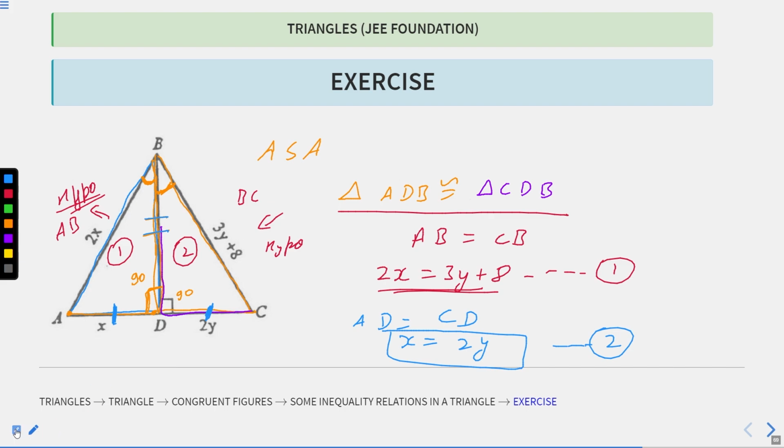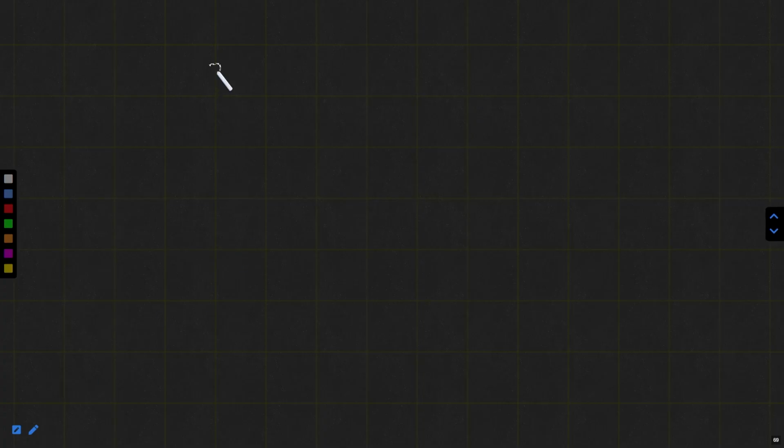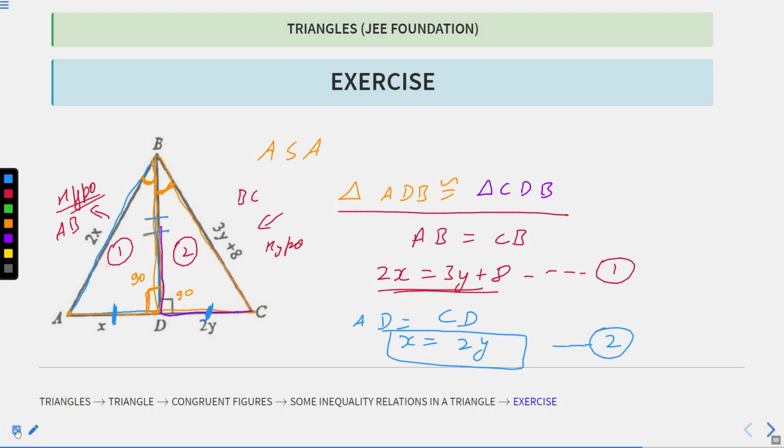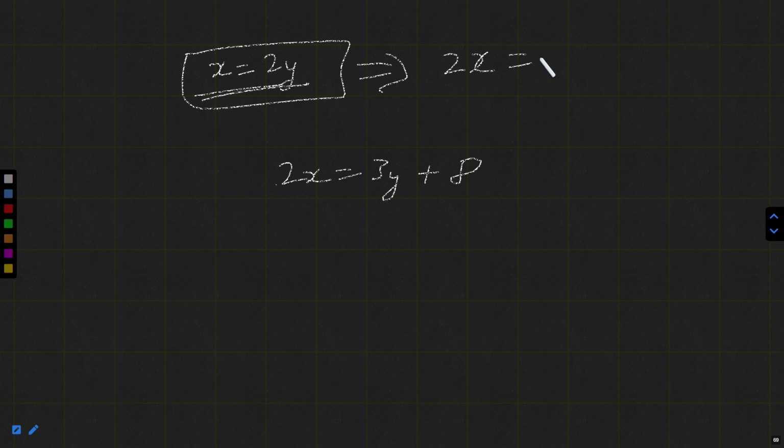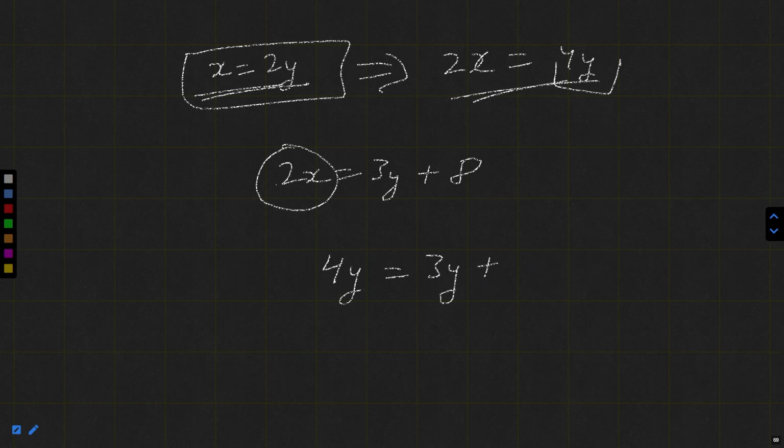Let's solve it. We know x is equal to 2y, and we also know that 2x is equal to 3y plus 8. Since x is equal to 2y, this means 2x is equal to 4y. Using 2x as 4y, I will get 4y is equal to 3y plus 8.